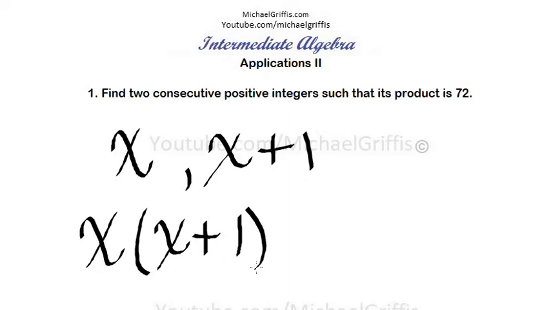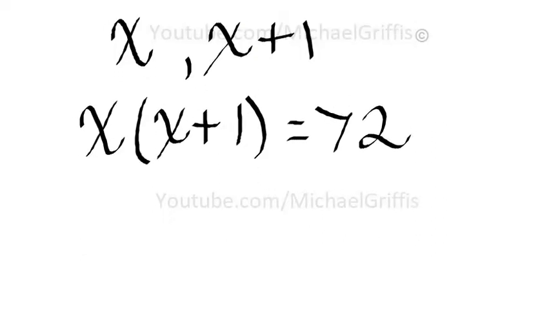And what did we say their product's equal to? 72. So you see, we just wrote us an equation. Now what we need to do is solve for x. Let's do that. Okay, so x times x, we're going to distribute this x across.